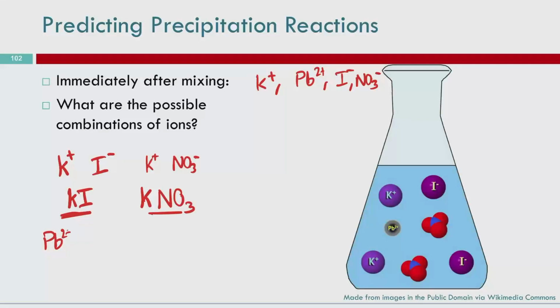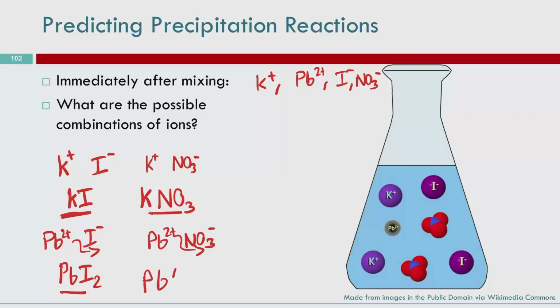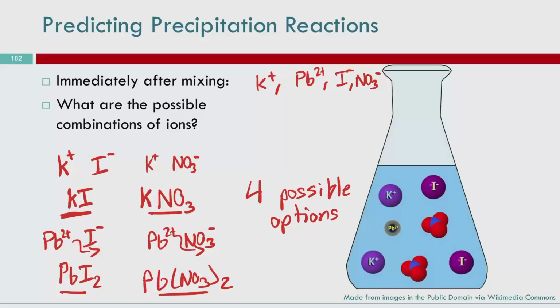We can have the lead and the iodide. That would make PbI2. That's another option. We could also have the lead with the nitrate, which would give us Pb(NO3)2. So we've got 4 possible options, 4 possible mixtures of ions that we could get up to in this solution.